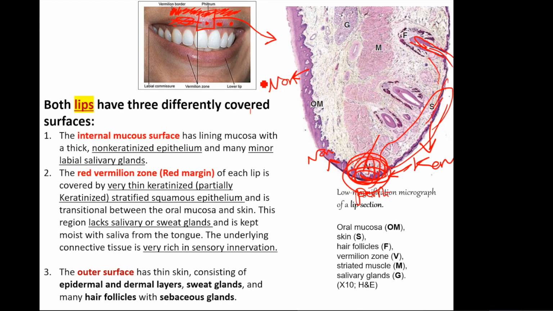So there is no hair follicle, no sebaceous gland, no sweat gland, but it's highly vascularized and innervated.